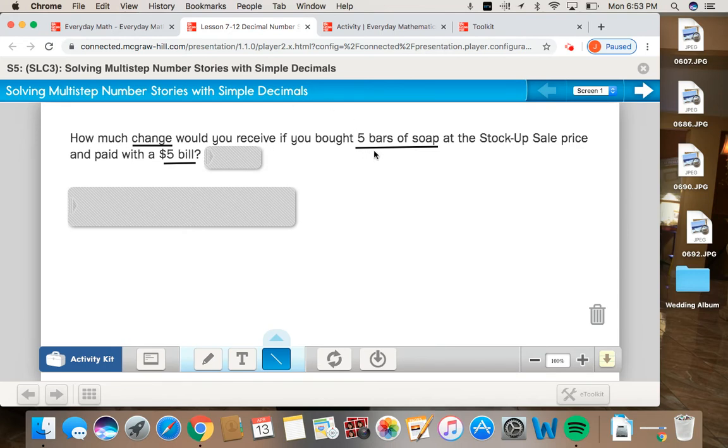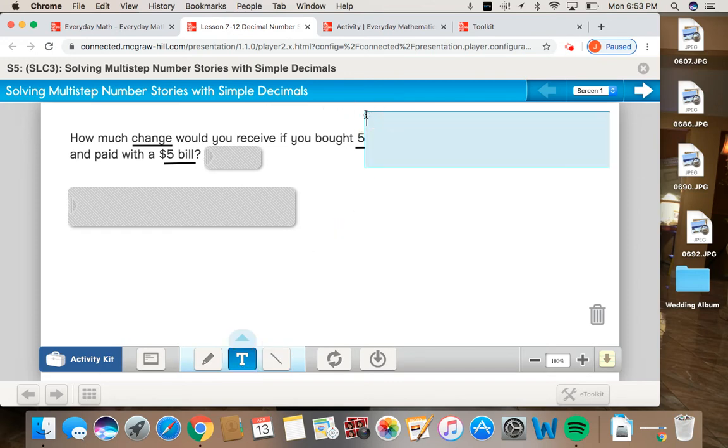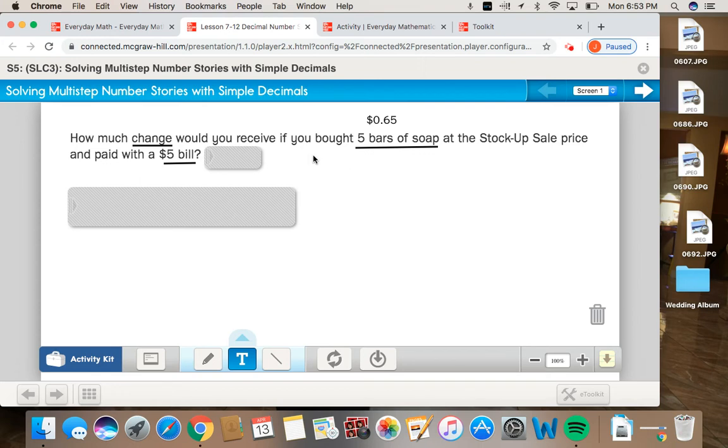All right, so let's see. The stock up sale price, and that would be 65 cents instead. And that's per bar. So I need 5 of these first before I figure out my change.